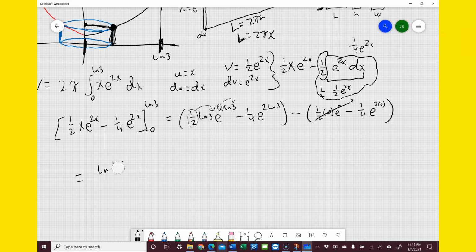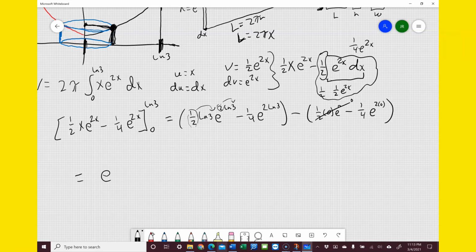Let me factor out e to the 2 ln 3, because it's in common.